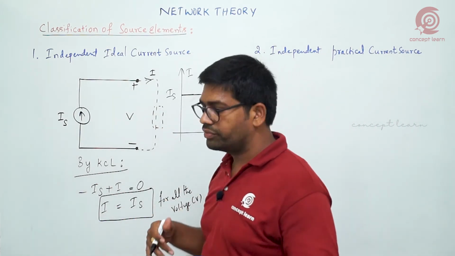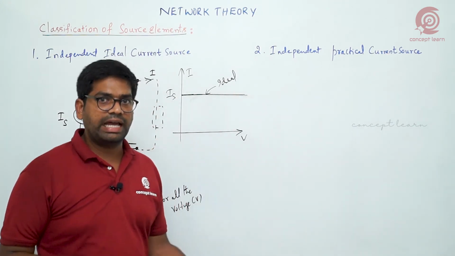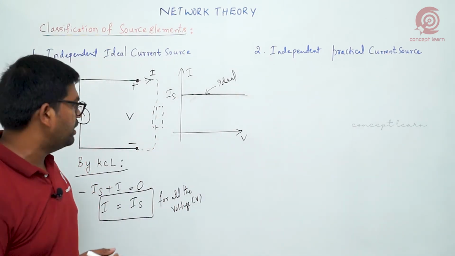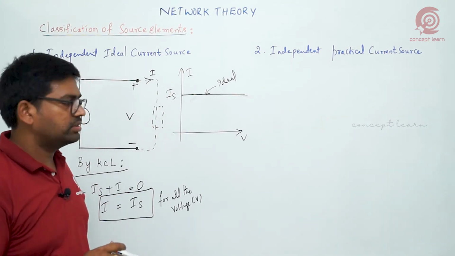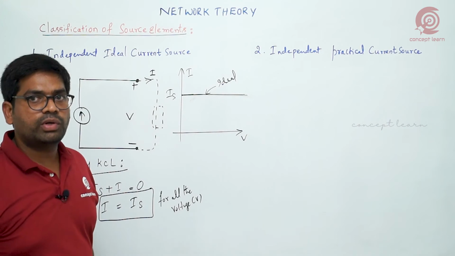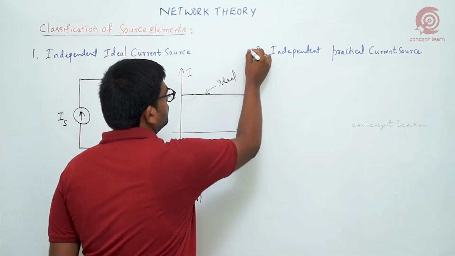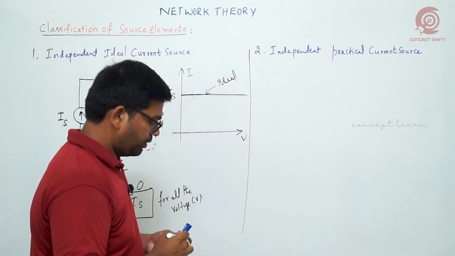Now next, when you go with practical, practical means dependency must be there. If this current depends on any other variable, like this voltage, then it becomes practical. How to have that connection here? Look into this.